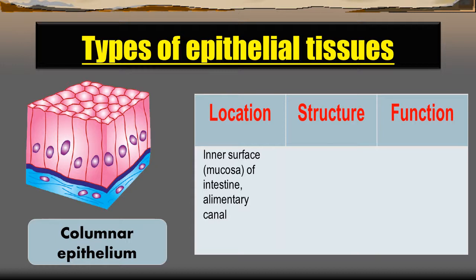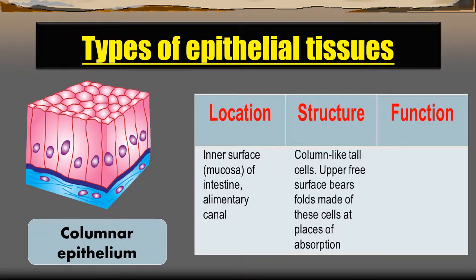The structure is column-like tall cells, as you can observe in the diagram, and the upper free surface bears folds at places of absorption. The function is secretion of digestive juices and absorption of nutrients.